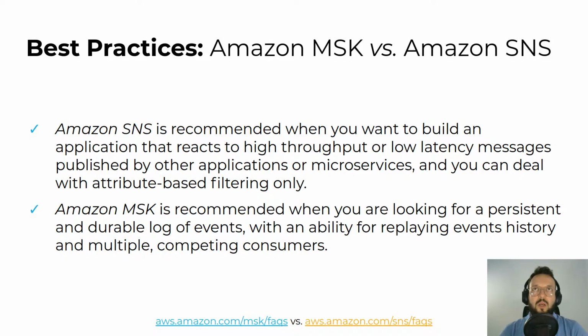And if you would like to have filtering via attributes, you are also covered. But I think that the main difference between MSK and SNS is that MSK is durable and it has the ability to replay events and have multiple competing consumers. You don't have those things on Amazon SNS. And those two use cases are pretty distinct and they can be easily differentiated.